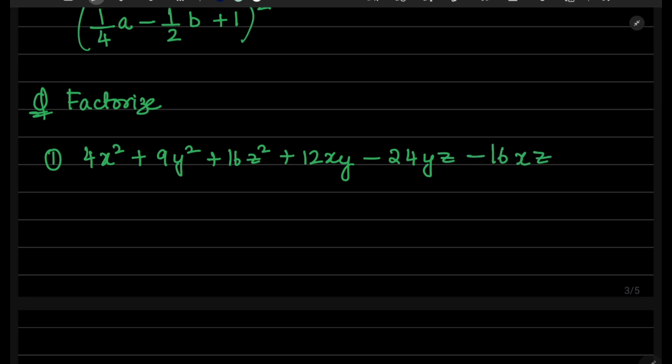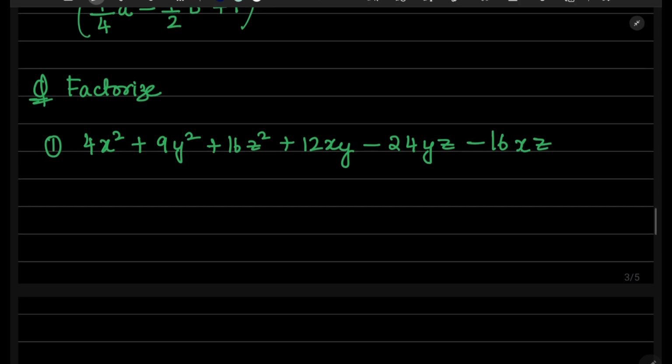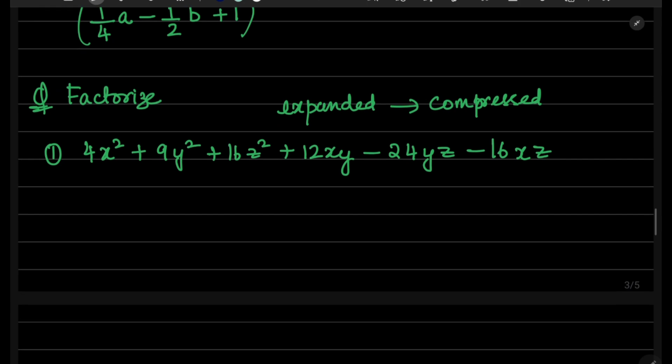This is your question. Okay. So the minute you see this question, you have to understand that you are given the expanded form. Okay. You have to convert it and write it in the compressed form. Okay. So far you were given in compressed, you were asked the expanded form.